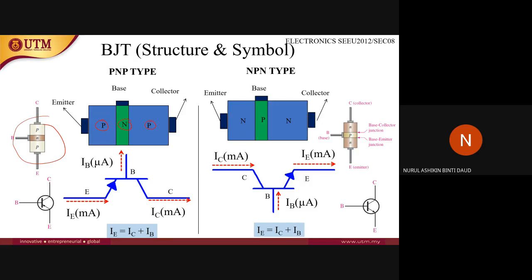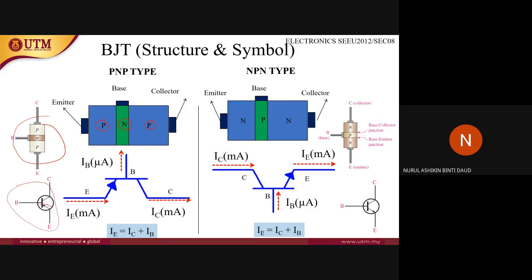And in circuit, it will be symbolized like this. This is the symbol of BJT when it is presented in the circuit diagram. So C refers to the collector, B refers to the base, and E refers to the emitter.